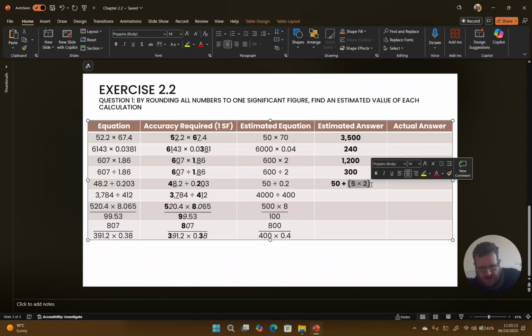The answer is bigger. If you times it by something less than 1, it becomes smaller. Your answer will be smaller.